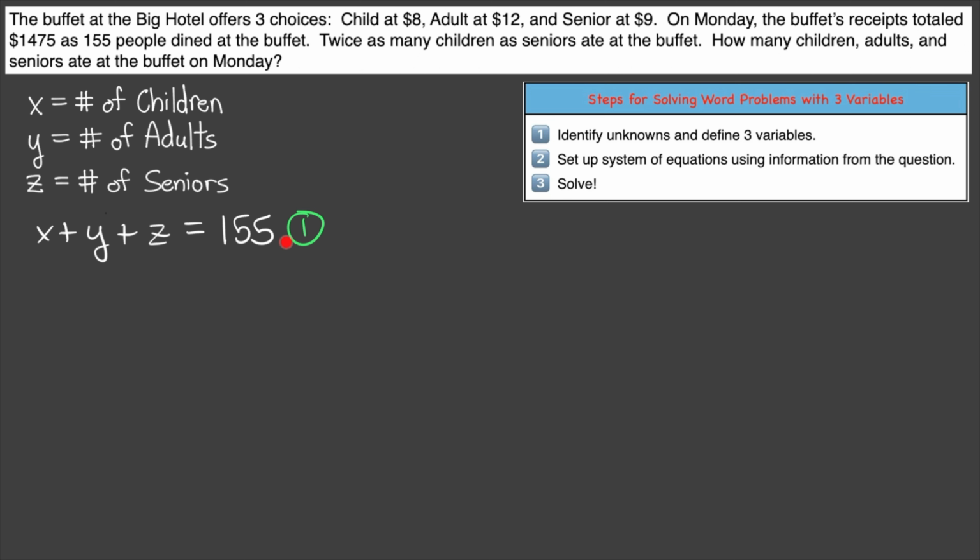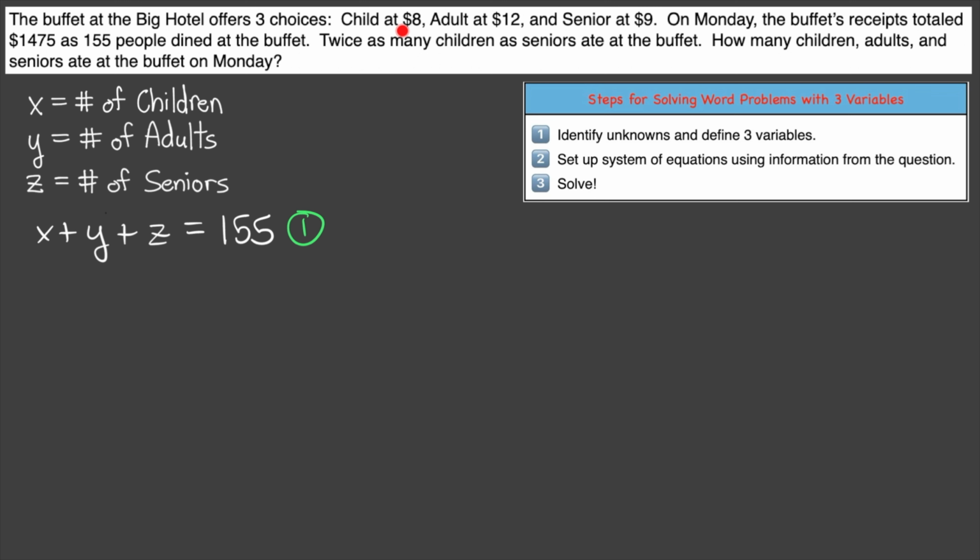Next, we need to come up with two more equations, because remember, if you have three unknowns, you need three equations to be able to solve for those three unknowns. So they tell us that the buffet's receipts totaled $1,475. That's the revenue, or the money that was brought in from the buffet on that particular Monday. Now the child tickets cost $8 each, and there were x child tickets sold that day.